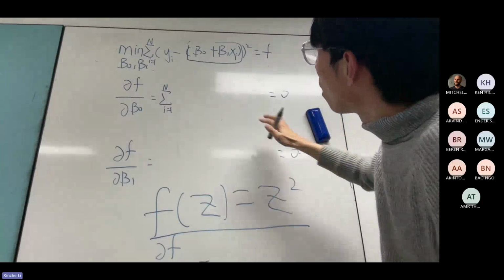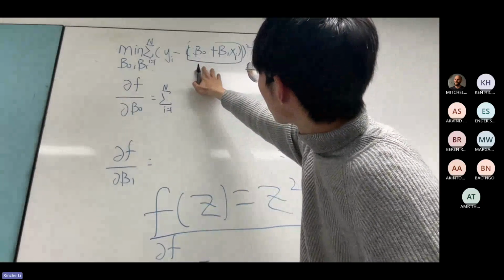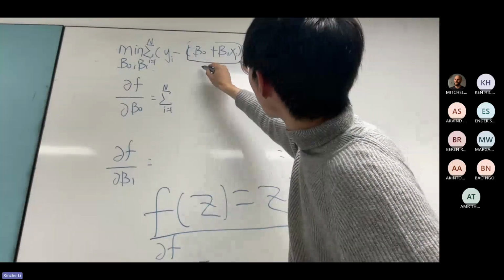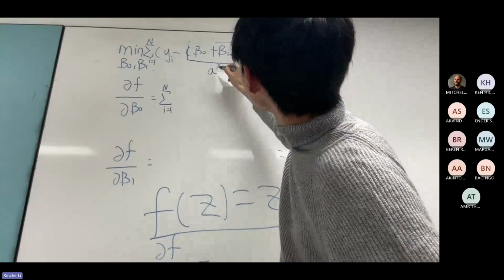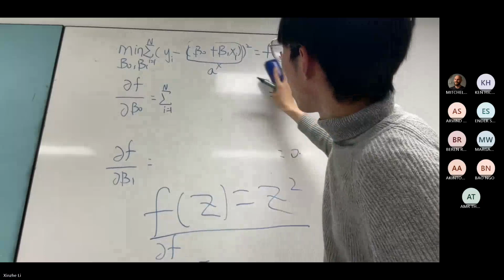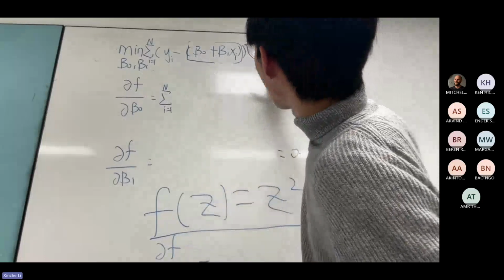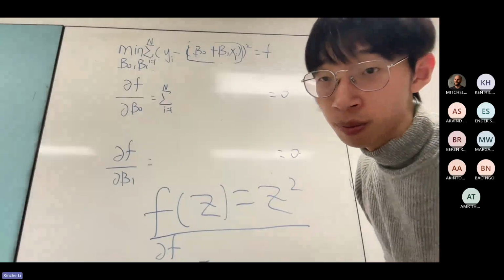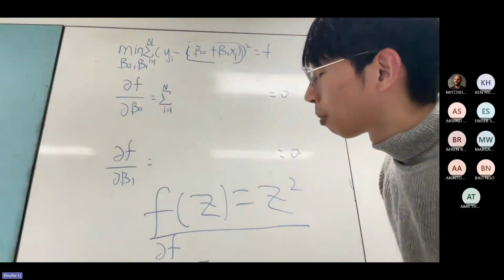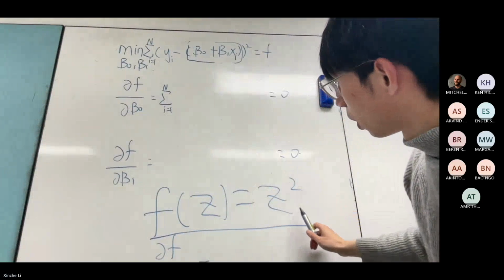But if you use a neural network here, or maybe an exponential function, then I cannot guarantee that you have only one minimum or maximum point.